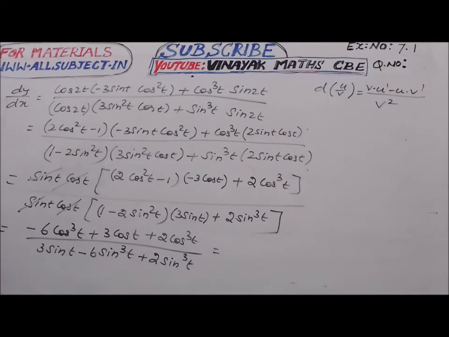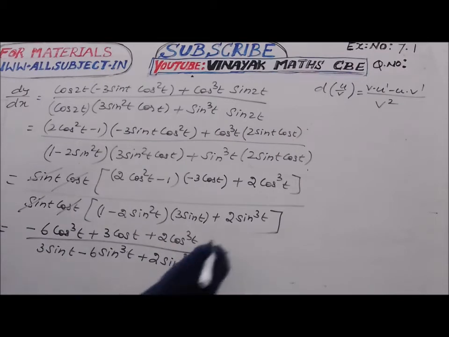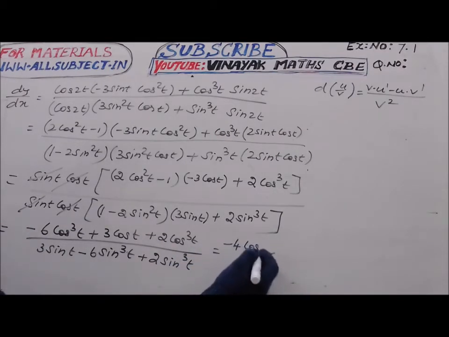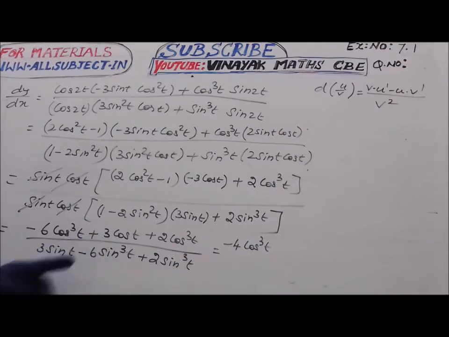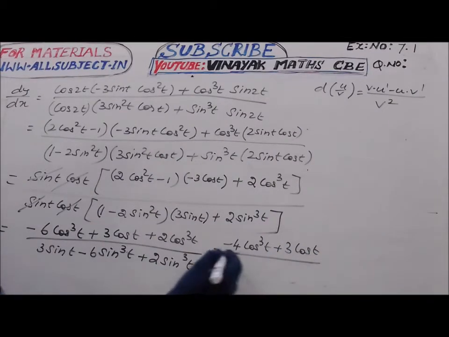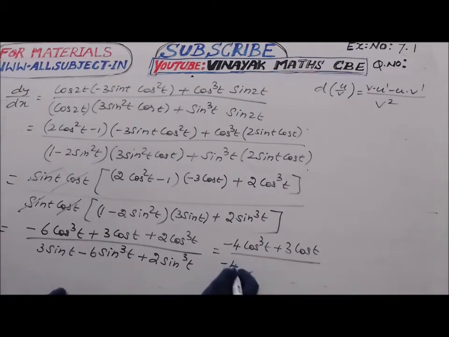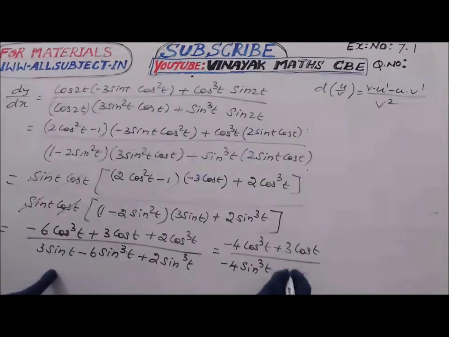Simplifying numerator and denominator, we have minus 6 cos cube t plus 2 cos cube t, which is minus 4 cos cube t, and then plus 3 cos t. The denominator, minus 6 plus 2 is minus 4 sin cube t plus 3 sin t.